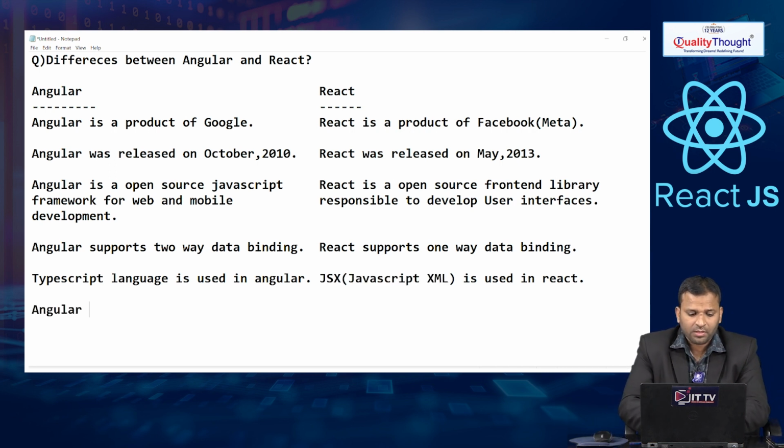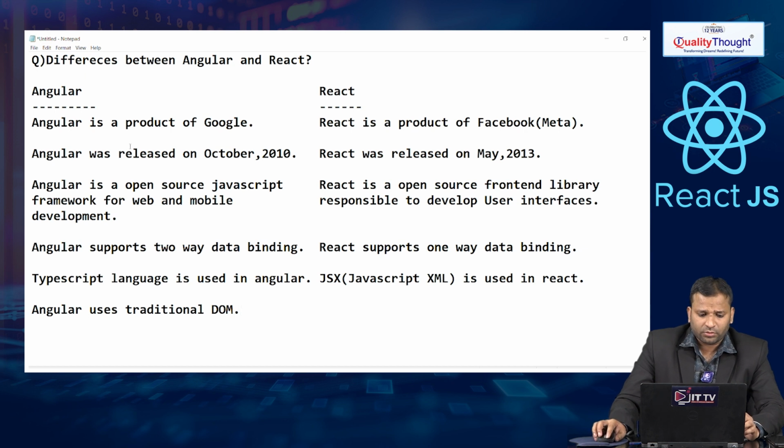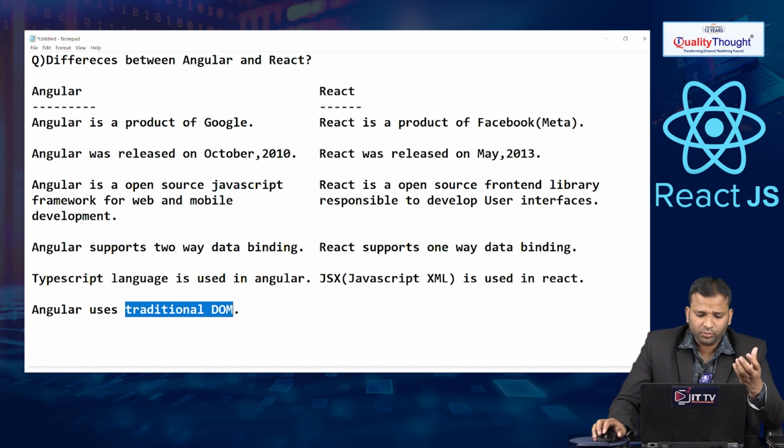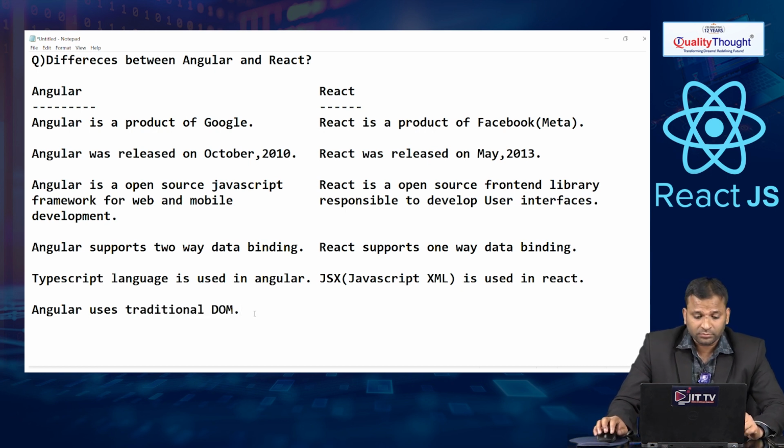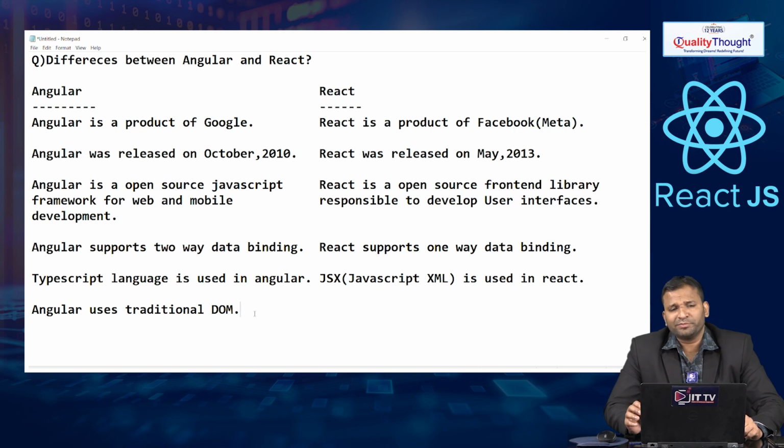Next, Angular uses the traditional DOM. As I told you in the first video, traditional DOM means every browser has one DOM which is responsible to execute our HTML documents. So Angular deals with that actual DOM, the traditional DOM. And working with the traditional DOM is very costly to the company, guys.